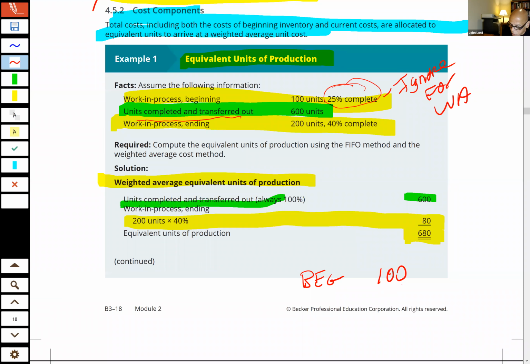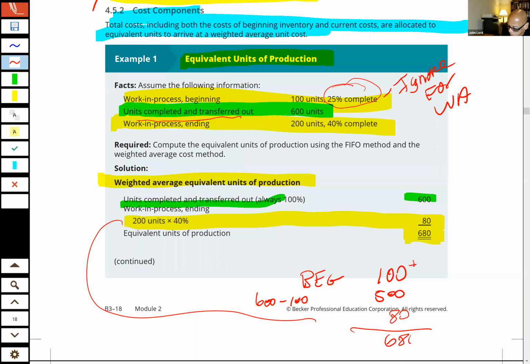You always do that under weighted average. Then for units completed and transferred out, I already accounted for the units that I completed from the beginning inventory. So you could also say, well, 600 minus the 100 I already accounted for is 500. And then you do the same thing for the ending inventory. The 200 times the 40% gives me the 80. And you can come to the same answer that way. So a couple of different ways of looking at this.